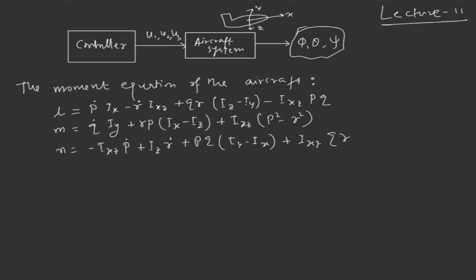So here P is the roll rate and Q is the pitch rate.